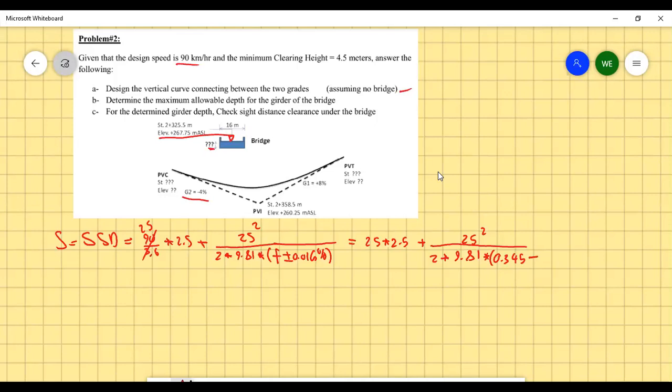Yes. Remember, this is minus if you are coming from this way. But if there is a vehicle coming from this way, then this becomes minus and this becomes plus. So we are going to take the worst case condition, which is if a vehicle is driving from this side.